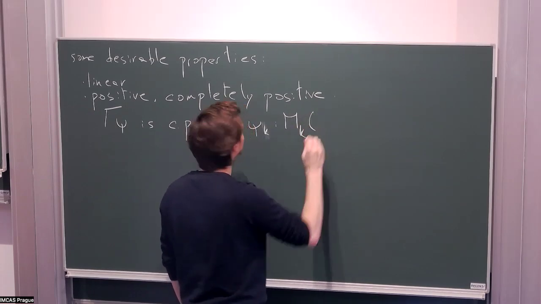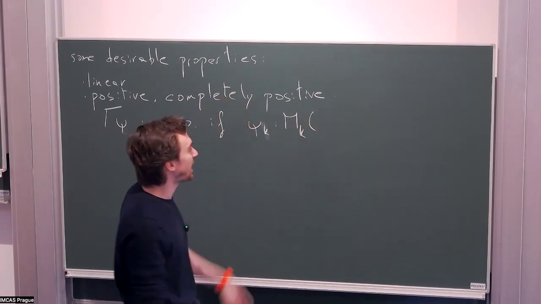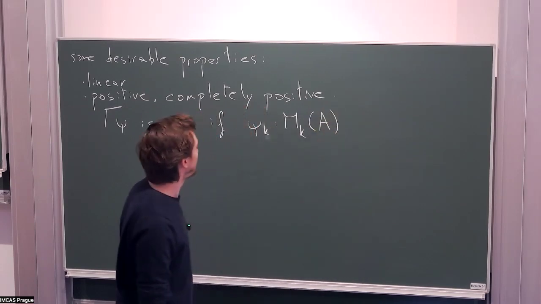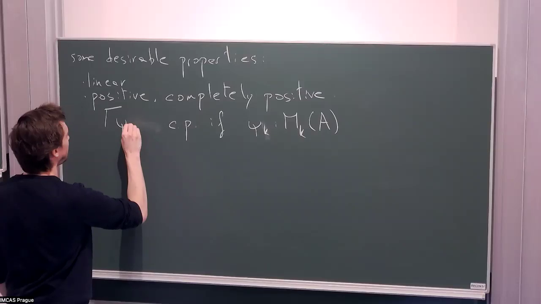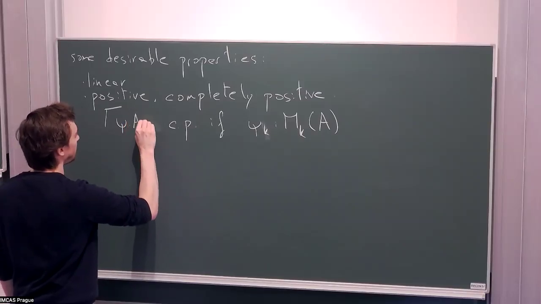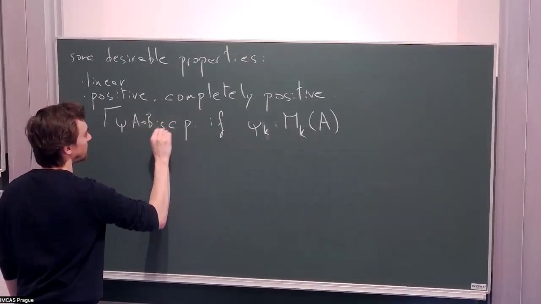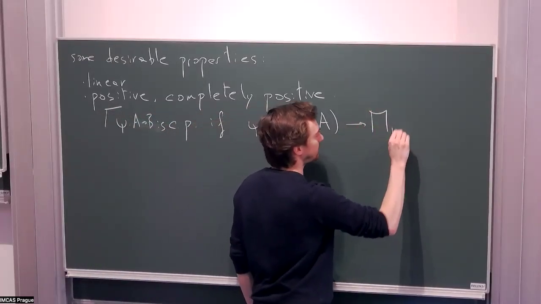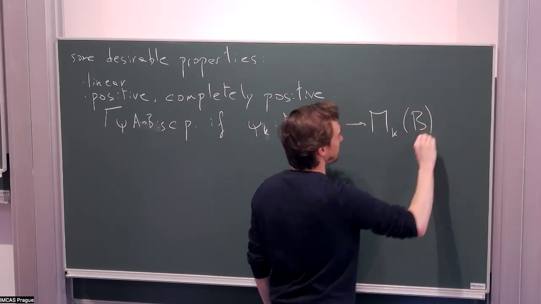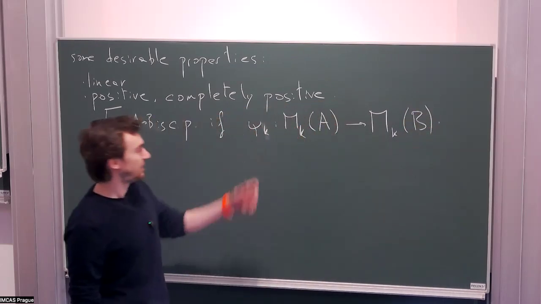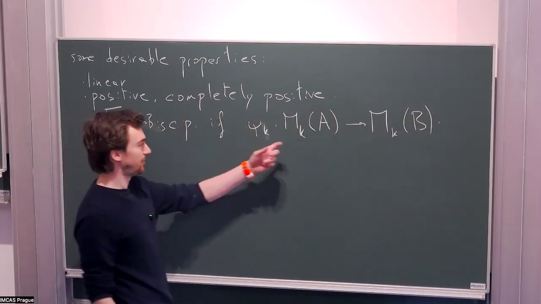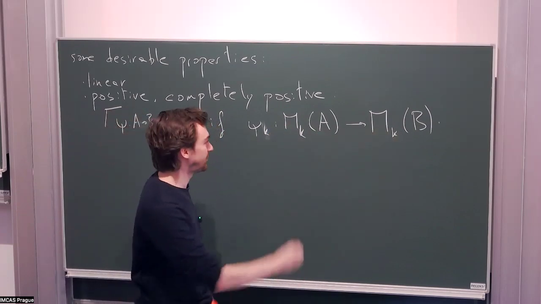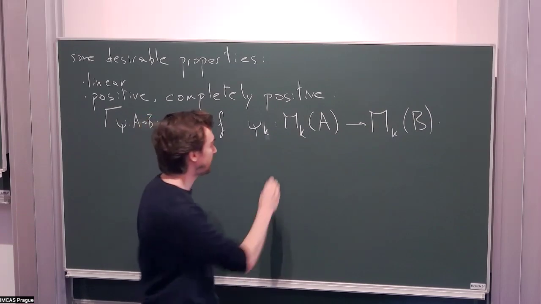So if you look at the k by k matrices over A, and psi from A to B, you can define an obvious map from the k by k matrices over A to the k by k matrices over B by just applying psi entrywise.